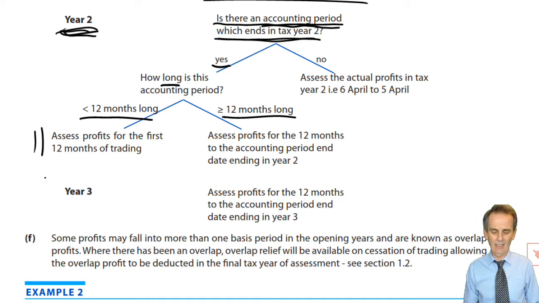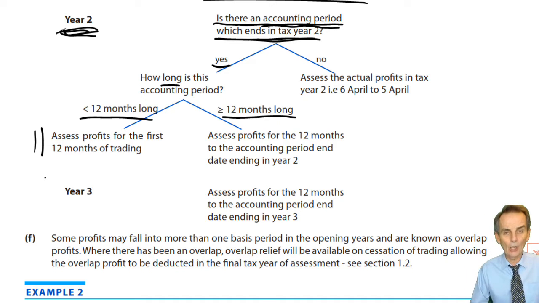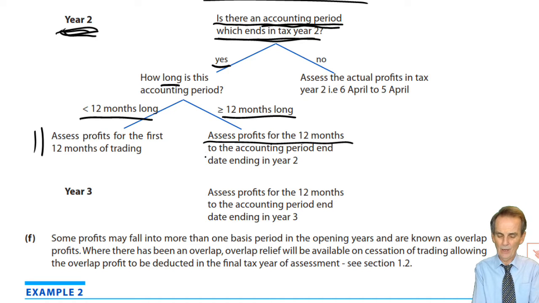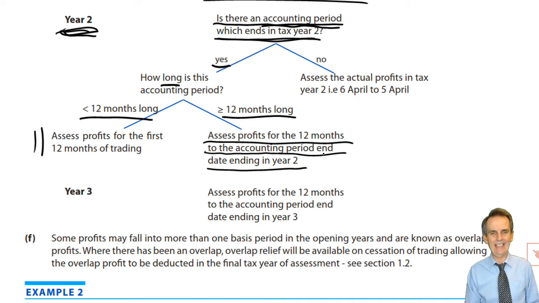So here in the second tax year, if we have a short period ended, take the profits of the first 12 months. If it is a long opening period, then which 12 months do we assess the profits for? The 12 months to that accounting period end date ending in that year.